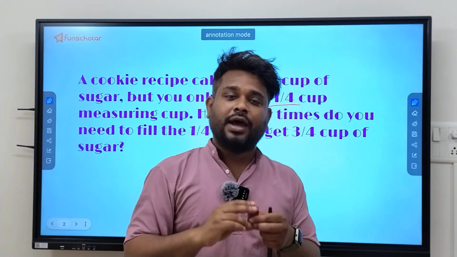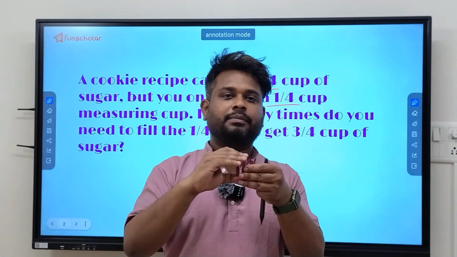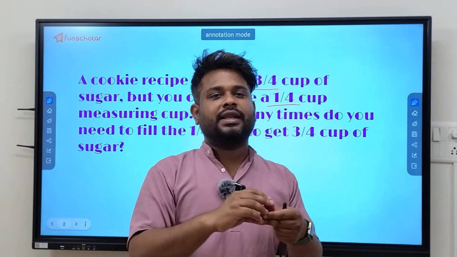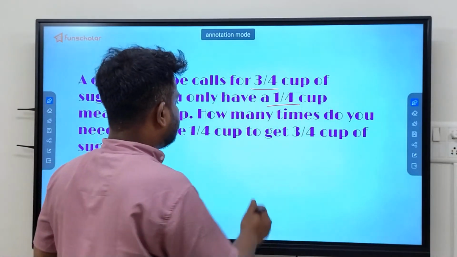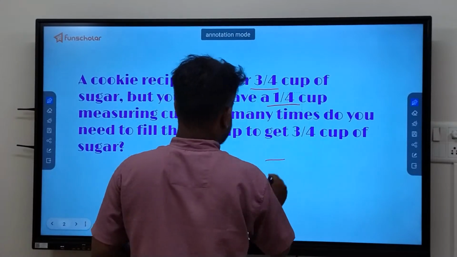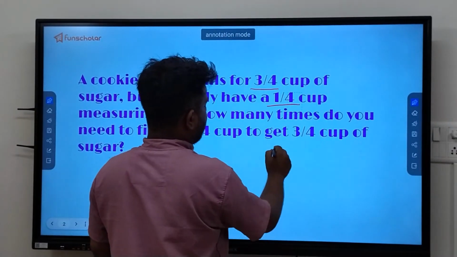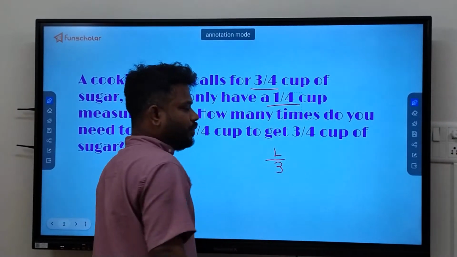But if I separate it into 3 parts, then each part will represent a fraction. This has 3 parts and every one will represent one part.